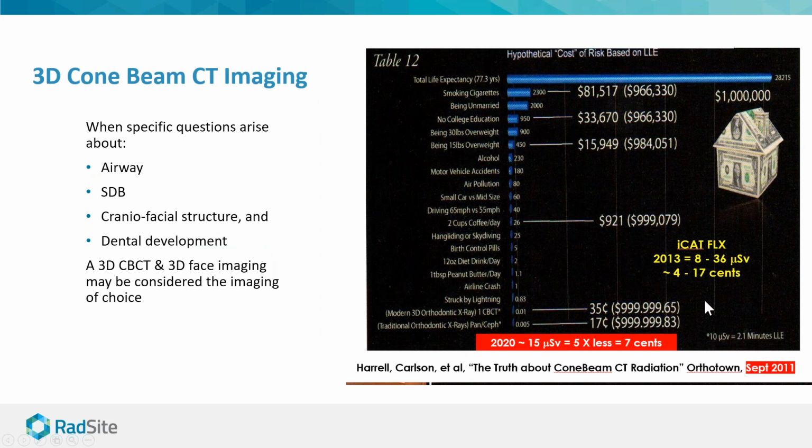And this is an interesting slide because it's the hypothetical cost of your risk based on loss of life expectancy, equating your life to a $1 million home.